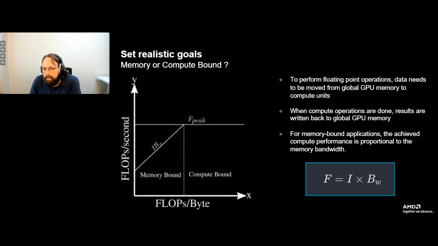Okay, and the way you might see people talk about this a lot is in terms of what's called a roofline diagram. It's just a nice visual way to see how your hardware imposes limitations on your application's performance, and you can plot on these roofline diagrams where your application sits.